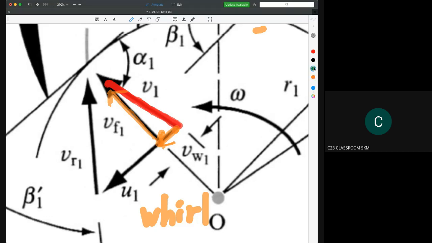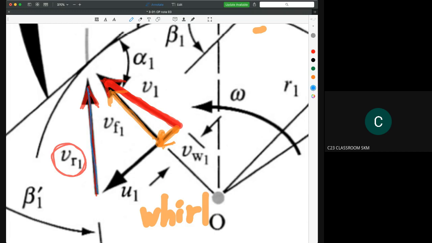And the second one is this real velocity, which can also be divided into two components. The component relative to the blade shape, so we call it the velocity relative to the blade, which is VR1 here.